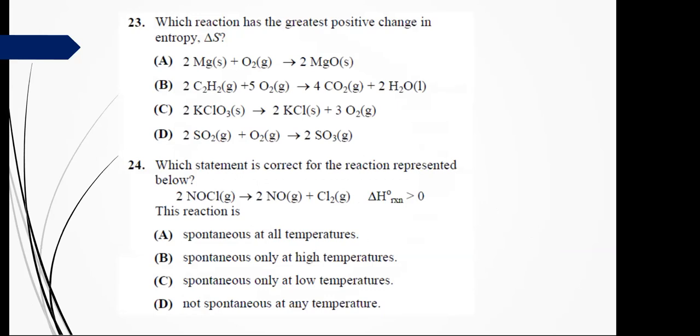So we can run these both together. And so when we look at 23, which of them is going to have our greatest change in entropy? What do you think?